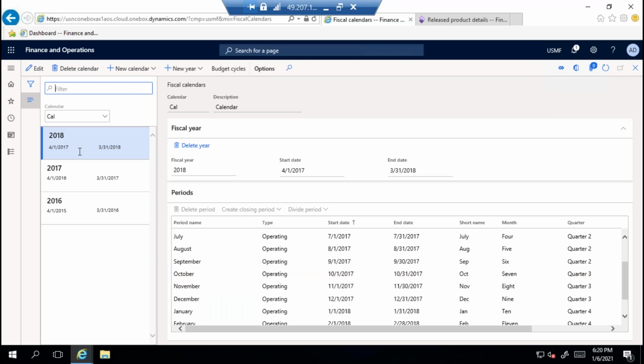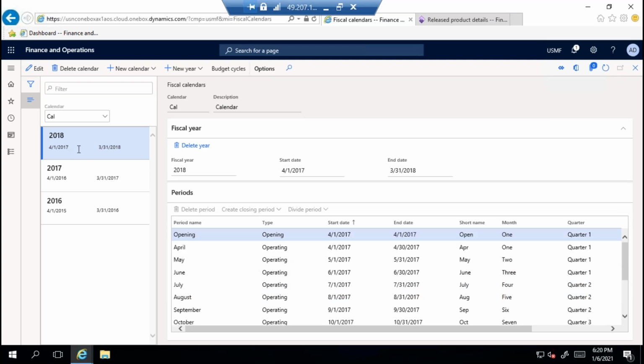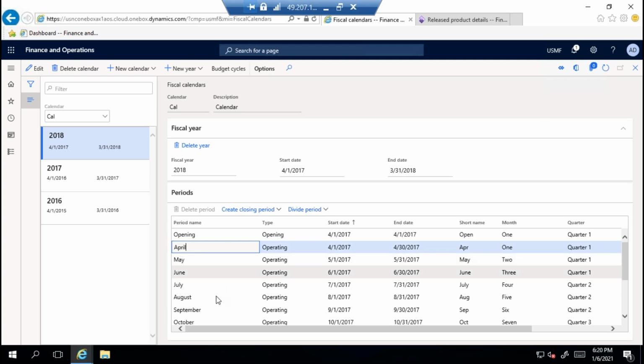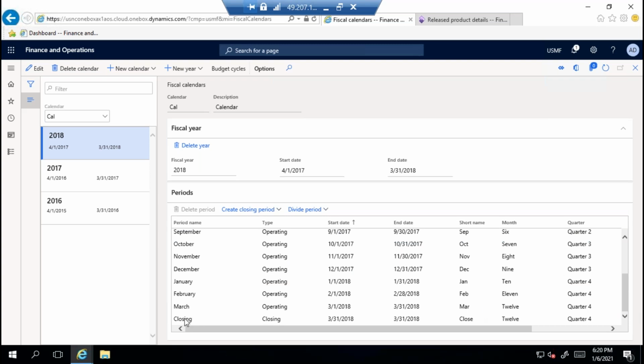Take the example here. Opening and operating. Give me 1 second, it is taking time. Operating and closing. By default, it will create closing.